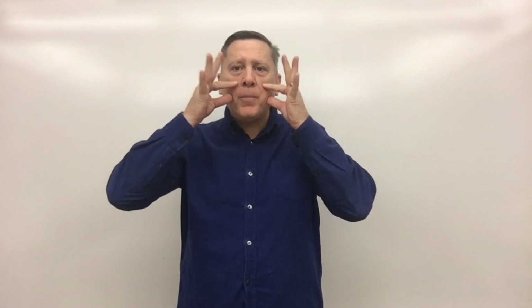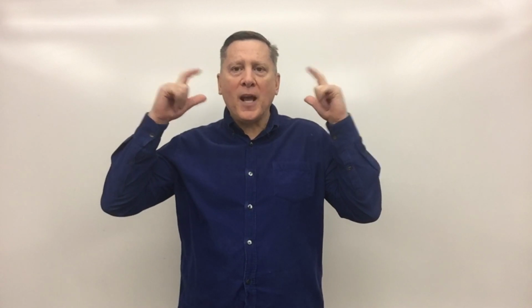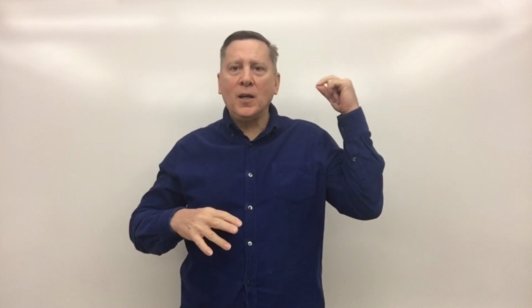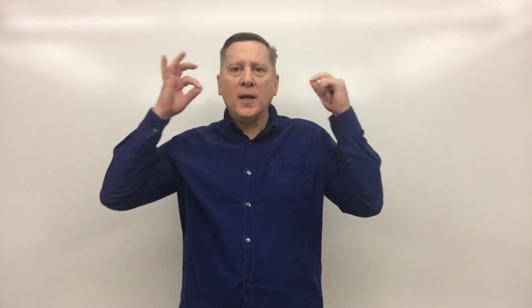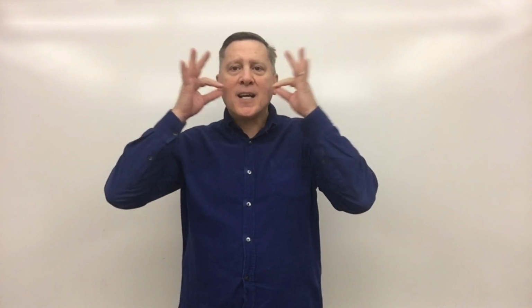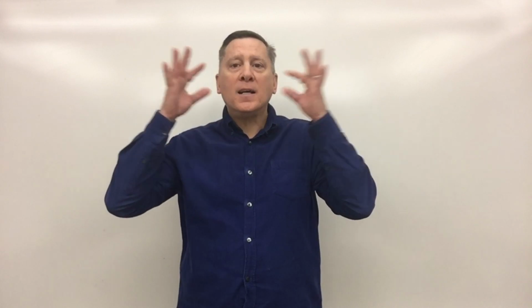You can have your fingers up, or you can have your fingers down. You can do it with one hand, or you can do it with both. Cat. Meow. Cat. Hard C.